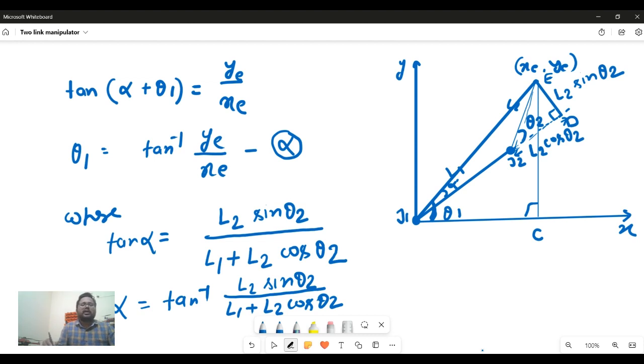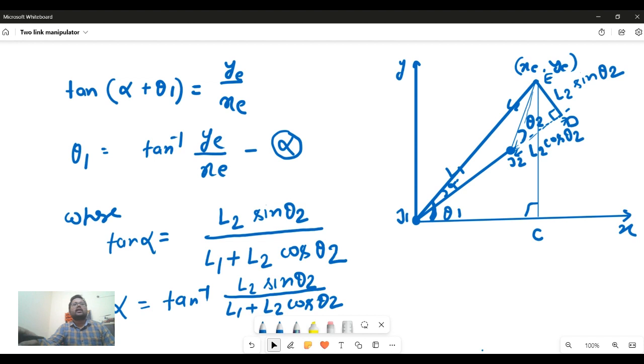So we can easily derive this. We can find the value of theta 1 for given coordinates xe, ye of this end effector. So this is the complete inverse kinematics relations for a two-link manipulator.